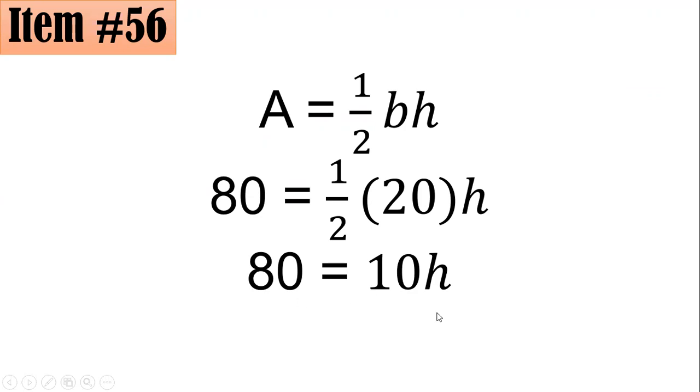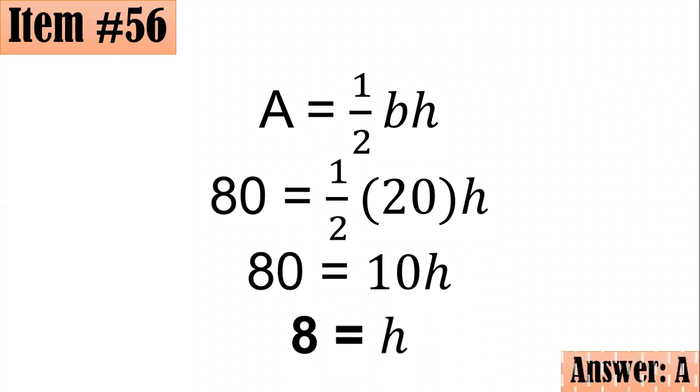And dividing both sides by 10 to get the value of h po, we get h equals 8. So therefore, the height of our triangle is 8. Letter A. So 53A, 54D, 55A, 56 is also A. Thank you.